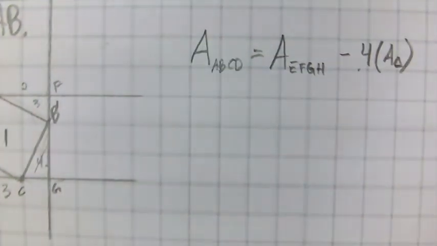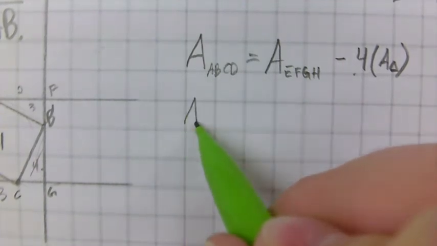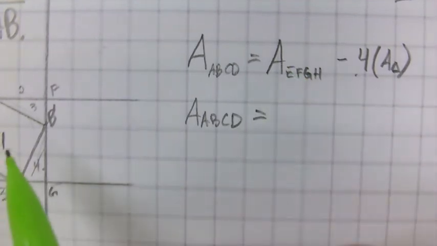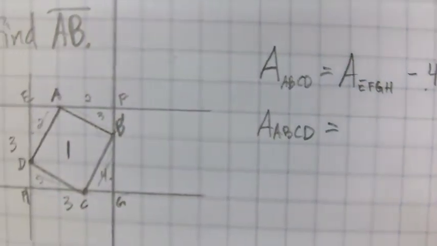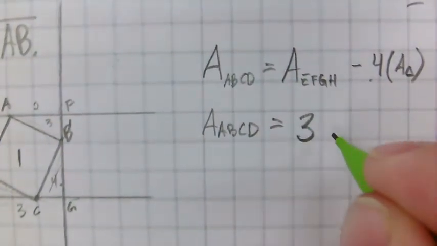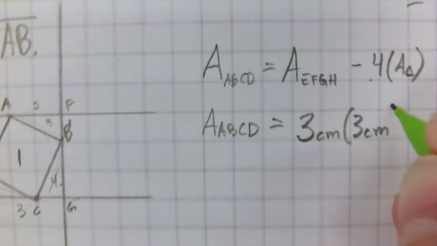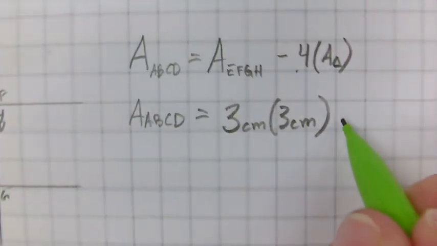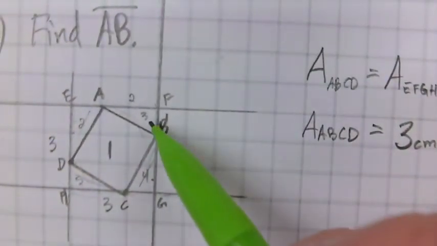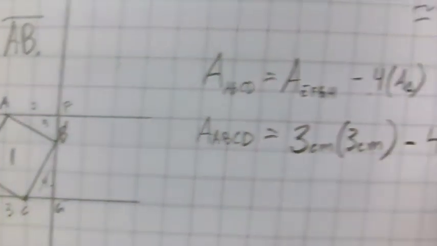So, use our formulas. We know that the area of ABCD is going to be the area of this EFGH, which we know our base and height are 3. So it's going to be 3 centimeters times 3 centimeters. And then we're going to subtract 4 times the area of these triangles, where the area of the triangle is height is 1, base is 2, all divided by 2.